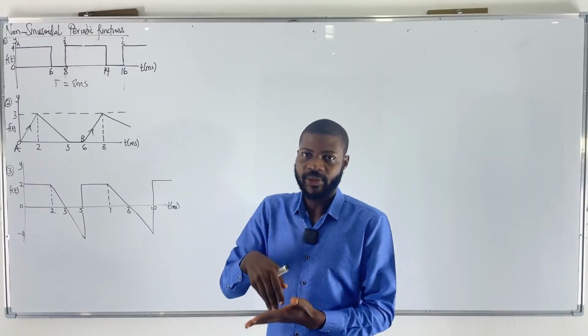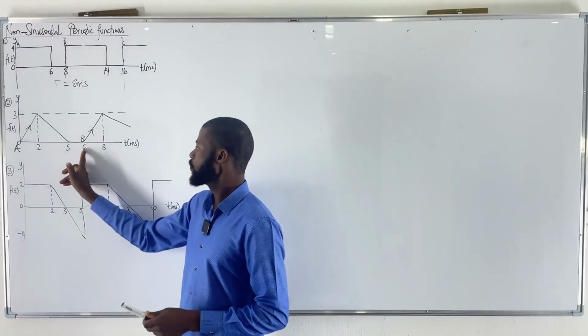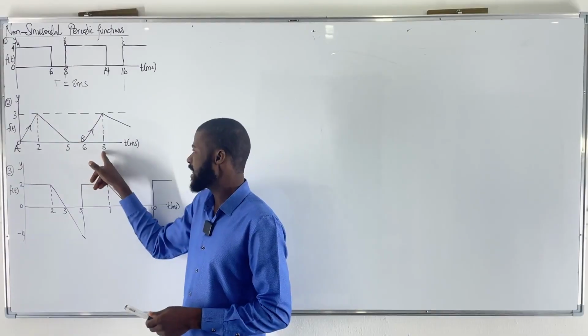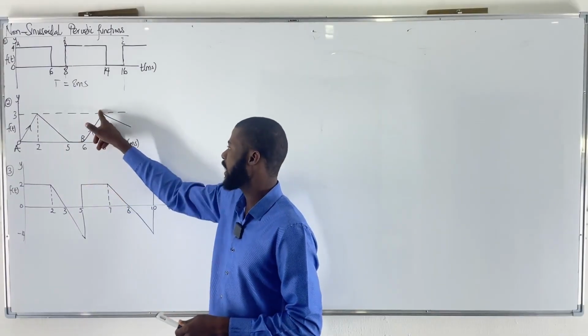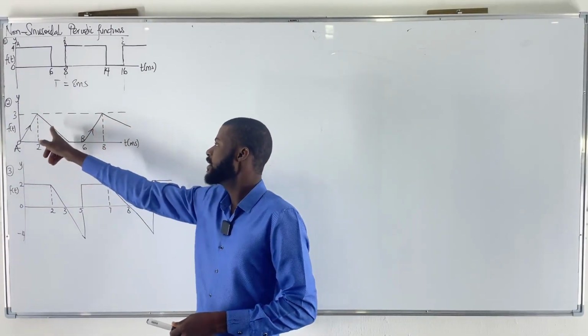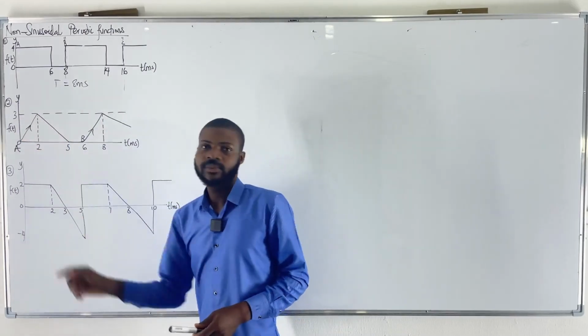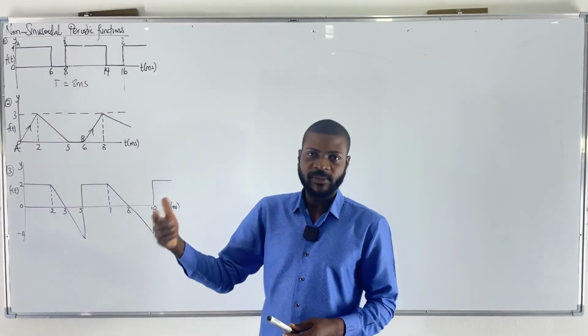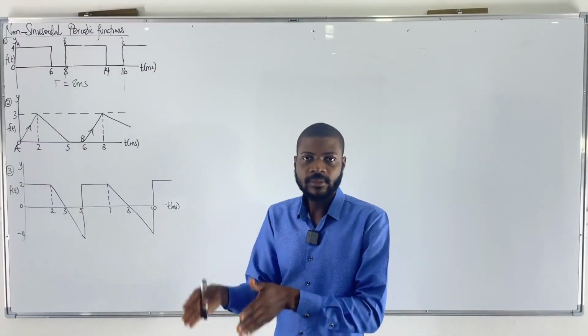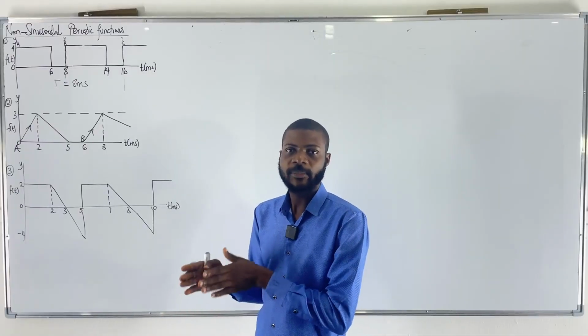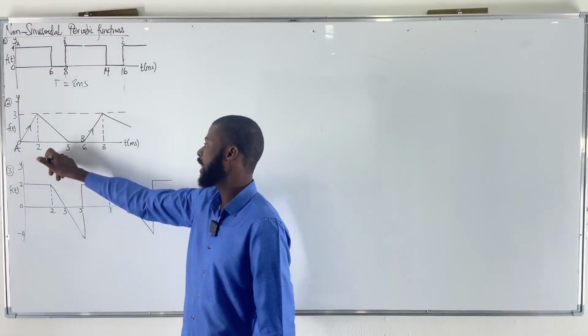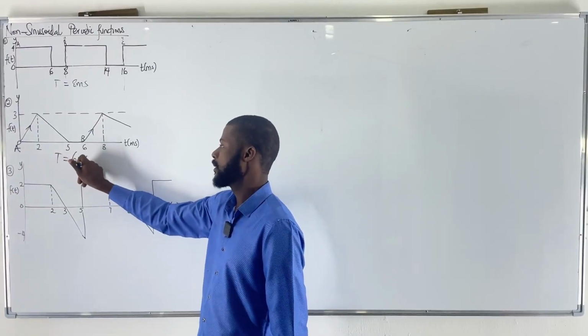So 6 plus 2 will give us 8. That's the 8 here. And if you notice, when you got to 8 here, it started coming down again, the same way it came down when it was 2. So if you keep on adding multiples of it, you'll notice the same type of graph is repeating itself. So the period here is equal to 6 milliseconds.